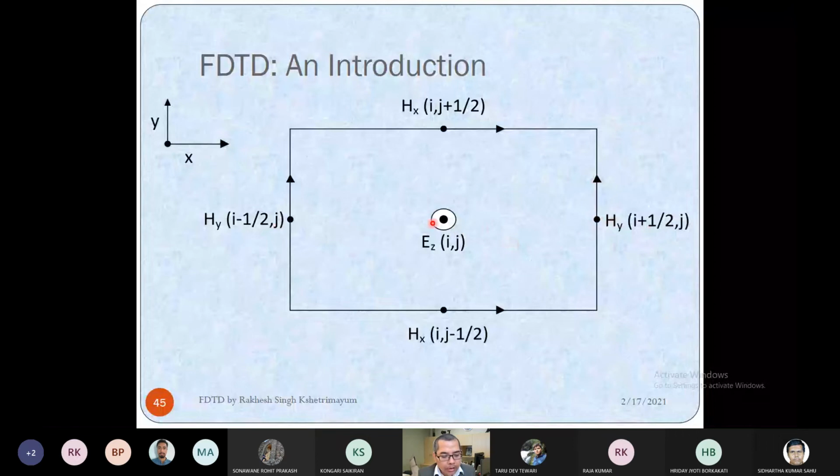Similarly, if I move a distance along this direction, we are still at the same level along the y direction, but we have moved a distance of i minus half delta x, j delta y. So if you just remember this formula, you can write the FDTD update equations, FDTD code very easily for 2D FDTD programs.